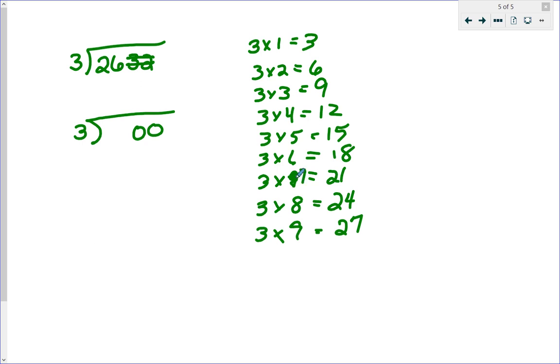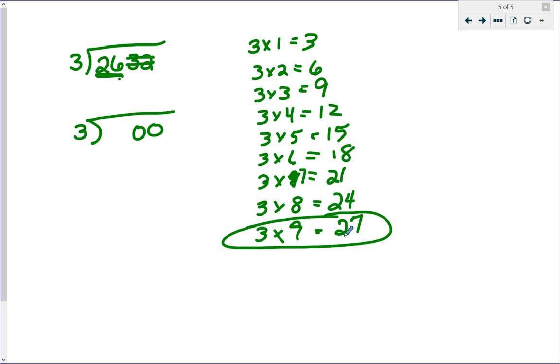All right. Now, I'm looking at these first two numbers, 26. I want to find a number that is as close to 26 as possible. It can go over, it can be under, doesn't matter, close to 26. Which one do you see? Closest answer is 27.